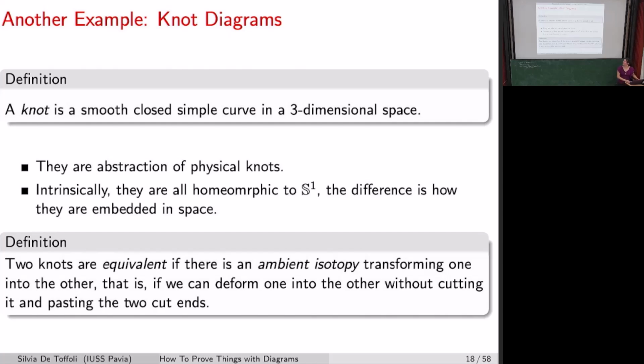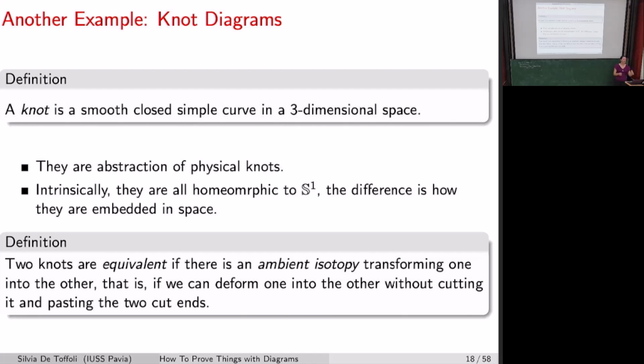So another example is knot diagrams. You're probably all familiar with what mathematical knots are. They can be defined in different ways, but here, for the sake of simplicity, a knot is a smooth, closed, simple curve in three-dimensional space. So they're just an abstraction of physical knots in which the ends are joined together, and they are all intrinsically homeomorphic to the circle, but the difference is how they are embedded in space.